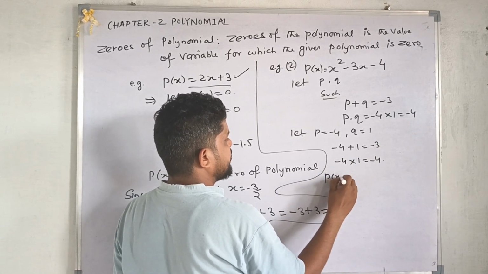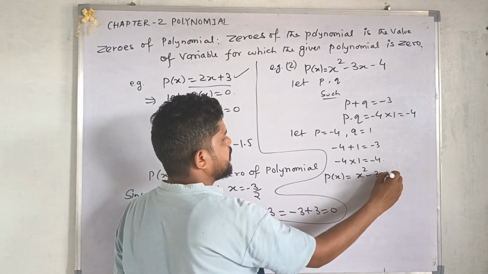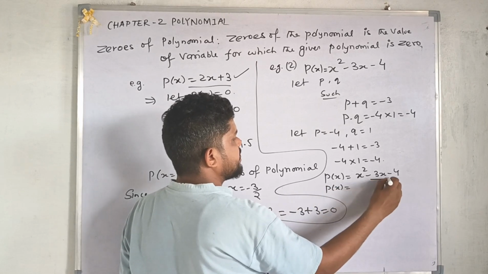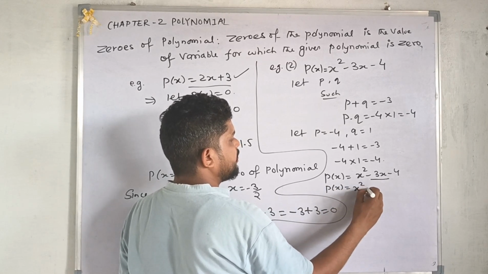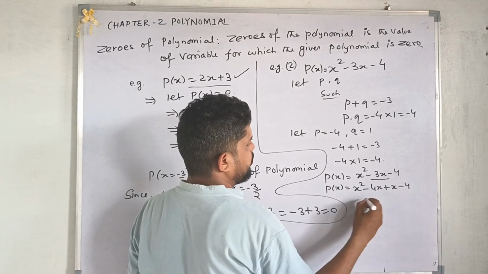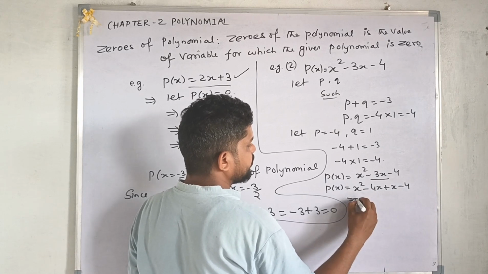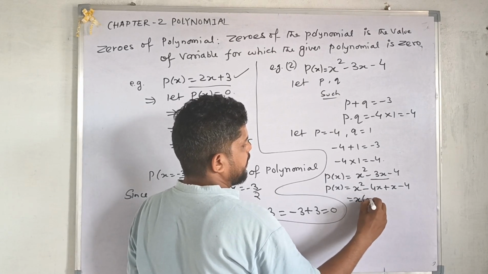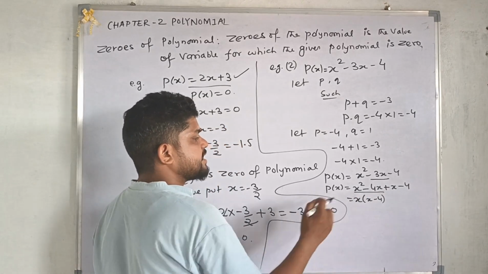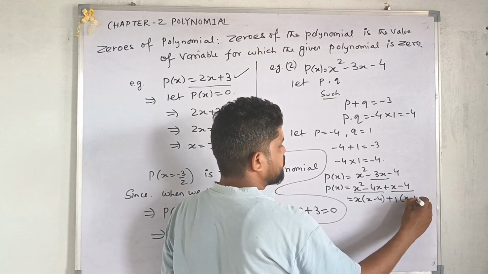So p of x can be written as x square minus 3x minus 4. The middle term minus 3x can be written as x square minus 4x plus x minus 4. From x square minus 4x, take x common, and from x minus 4, 1 will be common, so x minus 4.